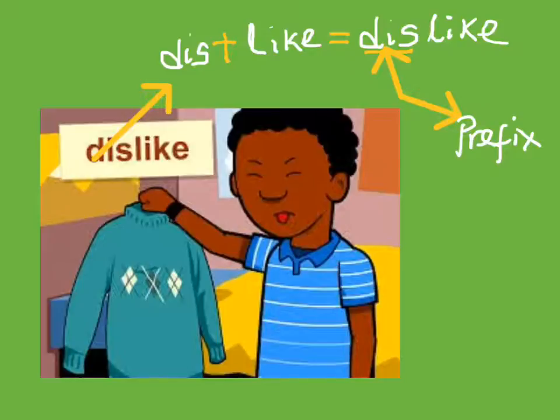Since in this lesson we are talking about prefixes denoting opposite, we will not use hate as the opposite of the verb to like, but rather dislike, which is a synonym of the verb to hate. So dislike here is the opposite of the verb to like. As you can see in the illustration, dis plus like equals dislike, and dis here is the prefix.